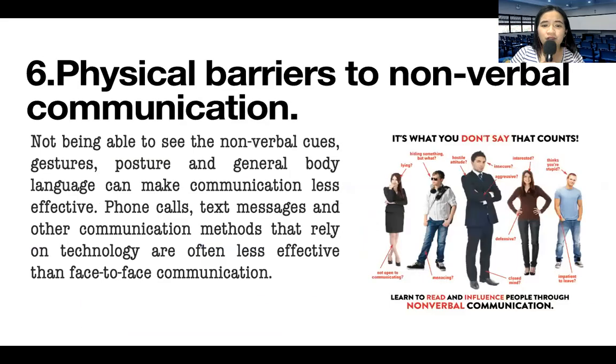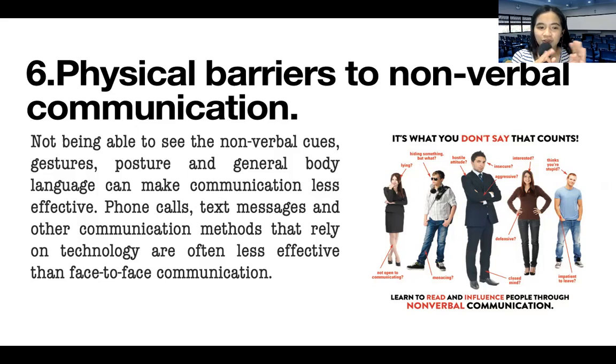Next, we have number 6, physical barriers to nonverbal communication. So what is this? You are not able to see the nonverbal cues, posture, gestures, and body language because, again, you are using a technology-aided communication style.